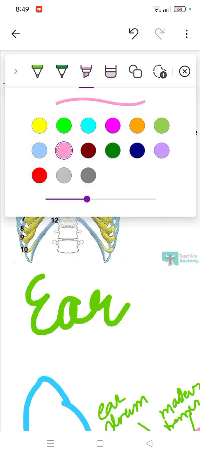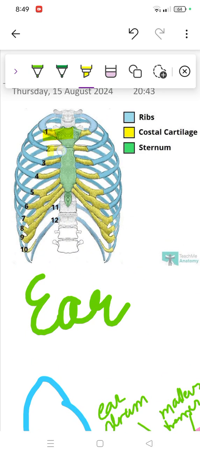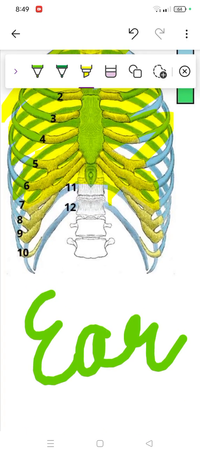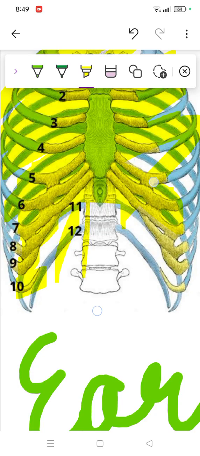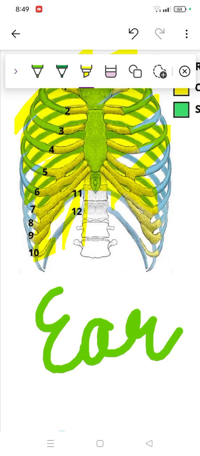Okay, so here comes first, second, up to the 7th. Till the 7th we can see they are completely attached. Then there are these 3 bones, which are attached neither to the sternum nor at the back side. These are the floating ribs.